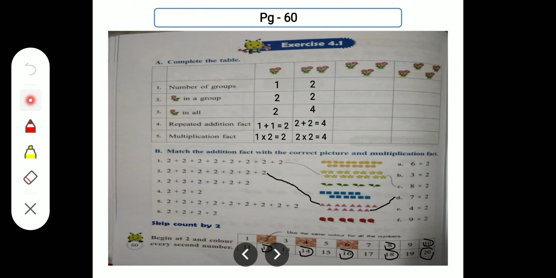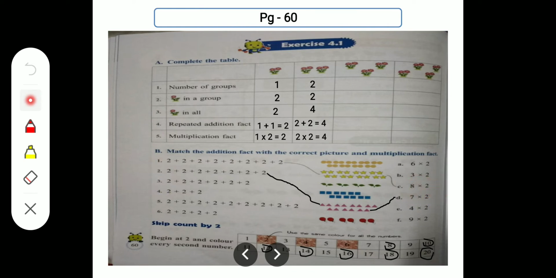So that means here we can see that there are 8 groups of stars. And how many stars in each group? 2. So it is 8 multiplied by 2.